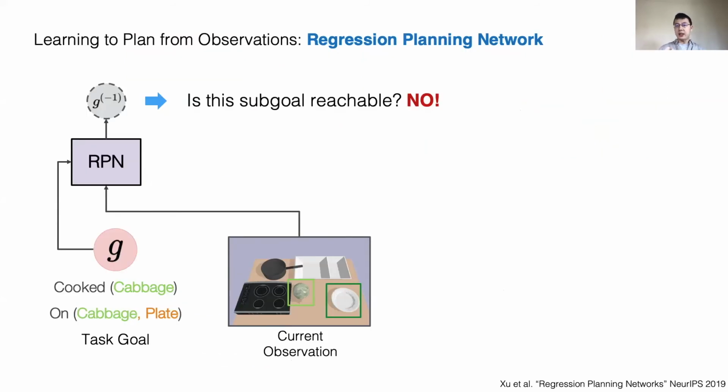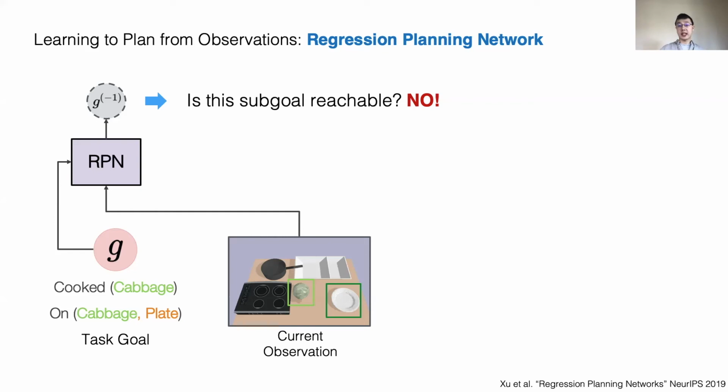The key idea of this model is to iteratively plan backward. The regression planning process is to apply the model recursively by feeding the predicted goal back to the model until a predicted goal is directly reachable from the current observation. And by reachable, we mean that this milestone or sub-goal can be directly reached by one primitive skill of a low-level controller.